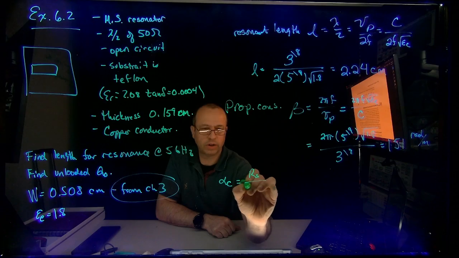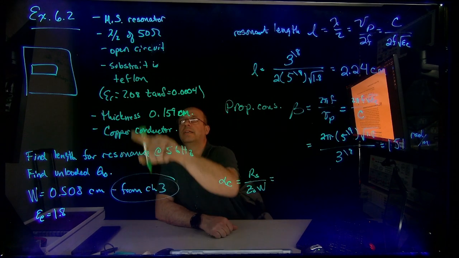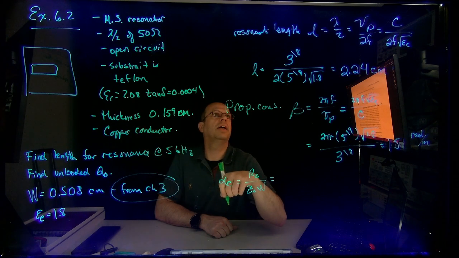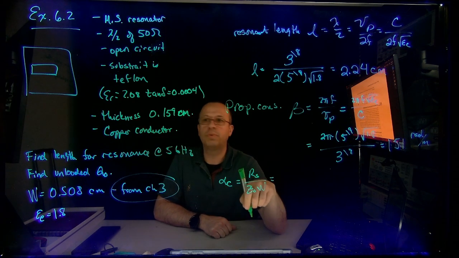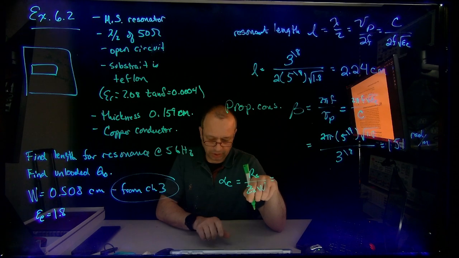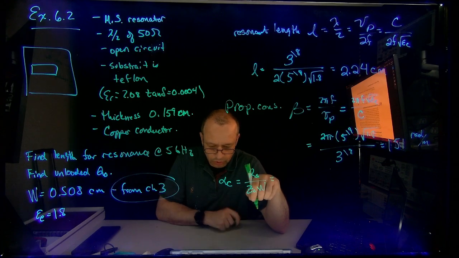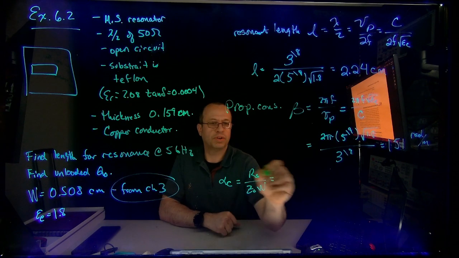Rs over Z naught times W, and this Rs is, where did we do that? We got that from 1.84 times 10 to the minus 8, and we got that from, where is it? Oh, that was already pre-done.